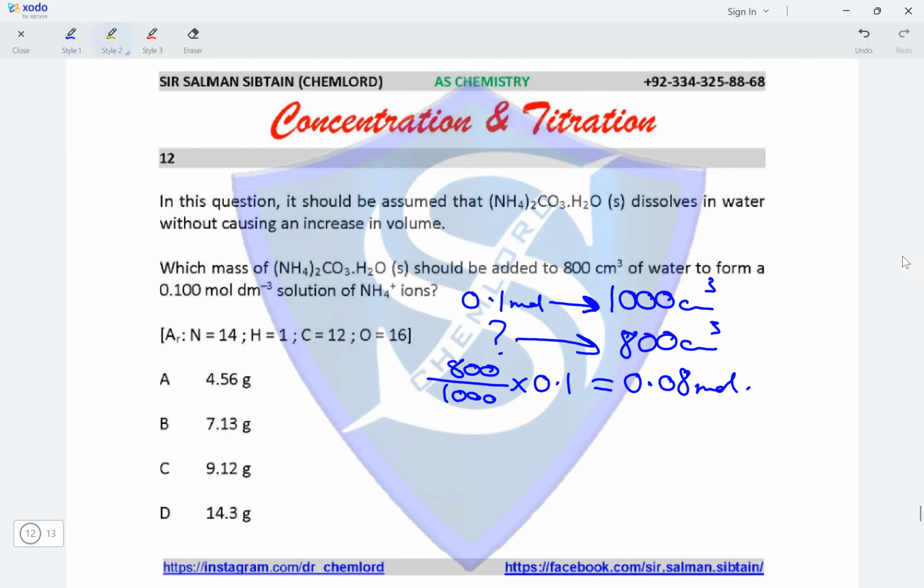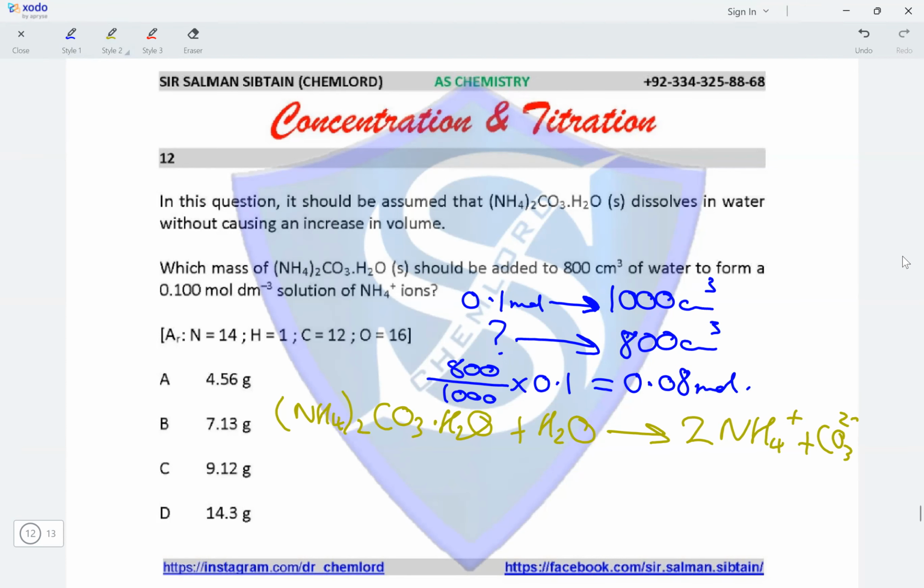Next, we need to write the equation of dissolving of (NH4)2CO3·H2O in water to produce 2 moles of ammonium ions, because there are 2 moles of ammonium ions present in the salt, plus 1 mole of carbonate ion. So, the molar ratio of the reaction of ammonium ions and ammonium carbonate is 2 is to 1.